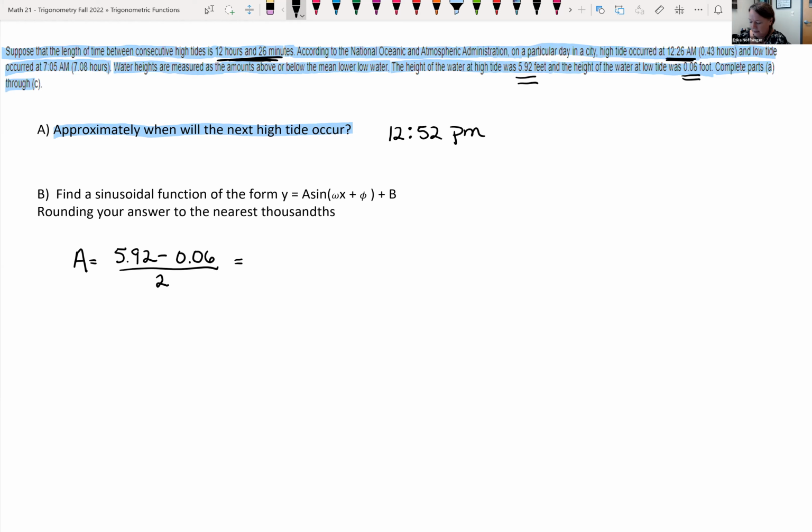If we take 5.92 minus 0.06, we get 5.86, divided by 2, which gives us that A is approximately 2.93.